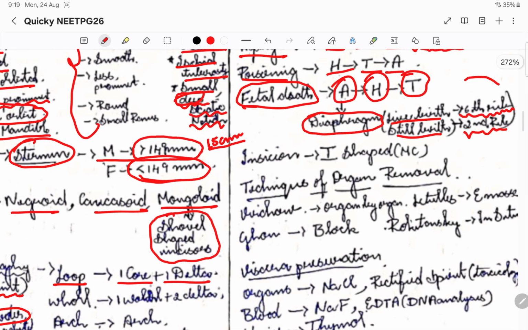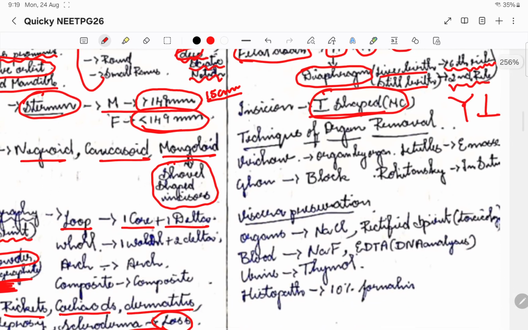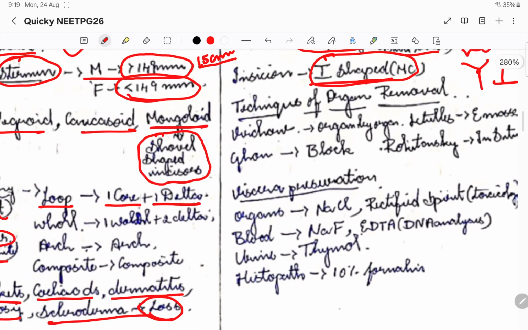The most common incision that we do is the I shape. There are other shapes also, Y shape, inverted T shape and so on, but remember the I shape is the most common incision. Then coming to techniques of organ removal, there are 4 techniques.